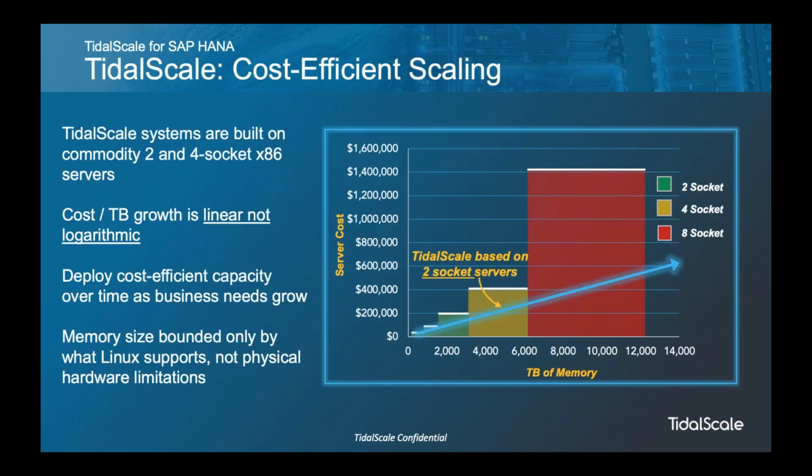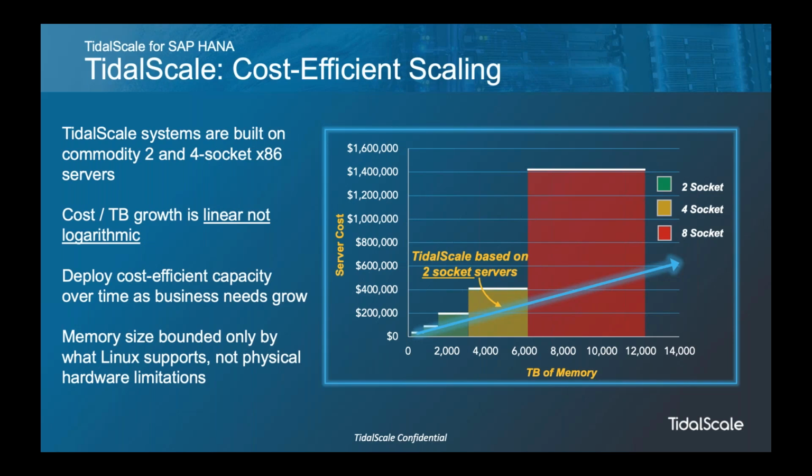As we begin looking at scaling, one of the big differentiators we have is that as you get larger with a HANA system, you can grow your system, but as you grow that, every terabyte gets more and more expensive. So one of the biggest problems is as you jump from 2 to 4 to 6 to 8 terabytes, as you get into those larger systems, you find yourself growing logarithmically for a traditional scale-up system.